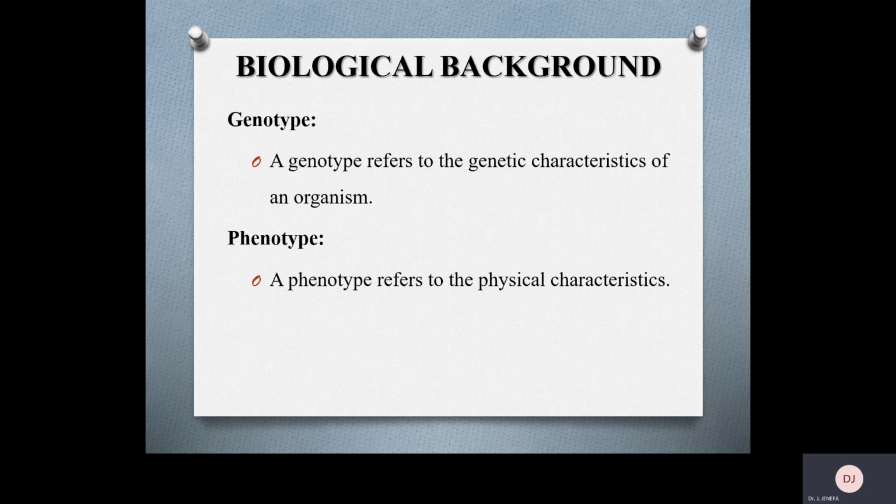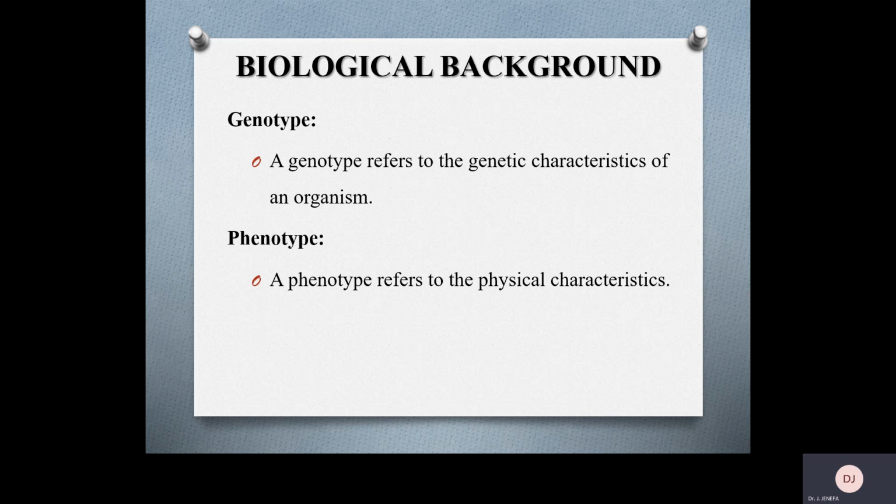Consider a person whose skin tone is dark. What may be the reason? It may be because of the melanin pigment. We would have learned about that. By seeing that person, we can say that his skin tone is dark. That is known as physical characteristics.